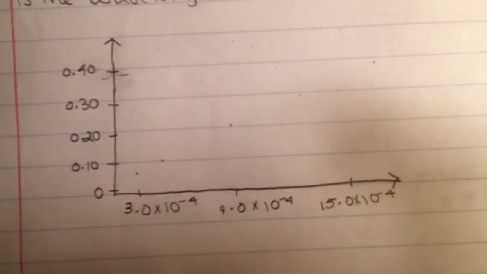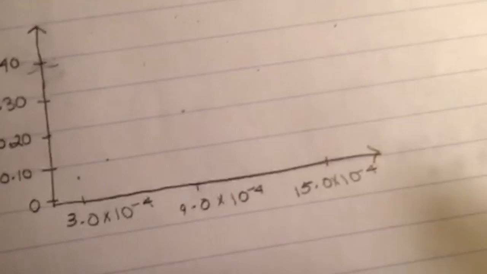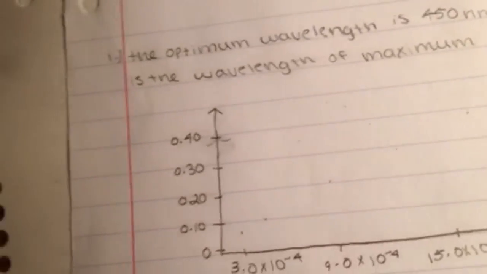And on the X, I put values that were from the chart or very close to the chart. Beer's law relates the attenuation of light to the properties of the material through which the light is traveling.